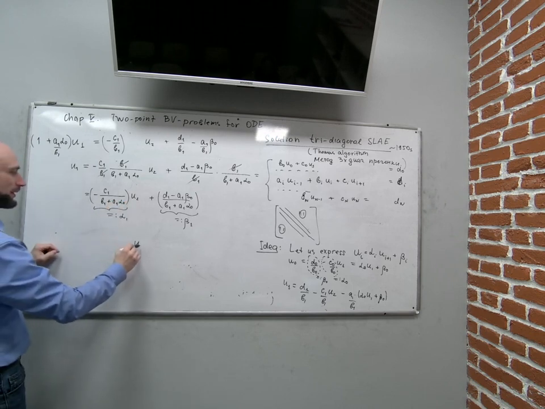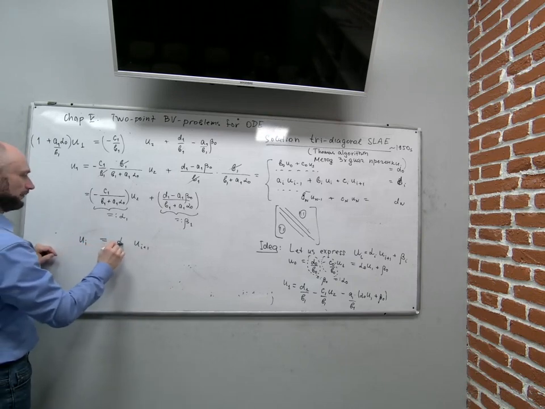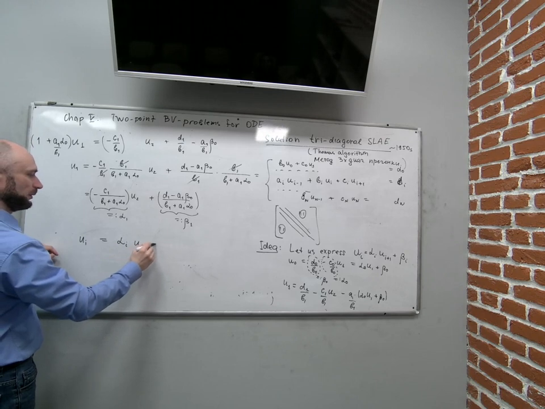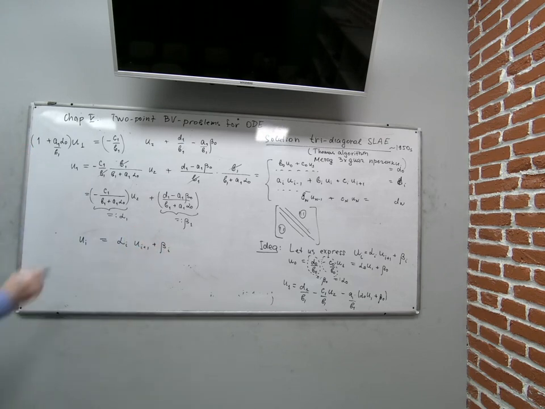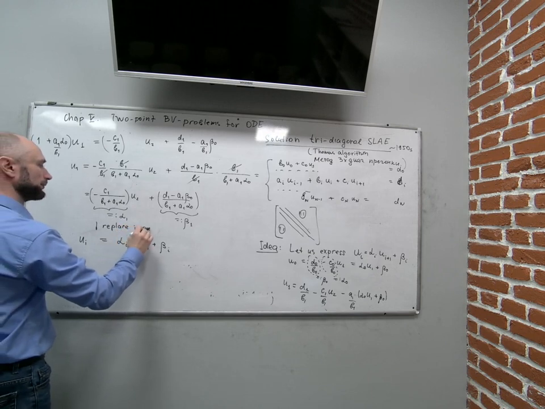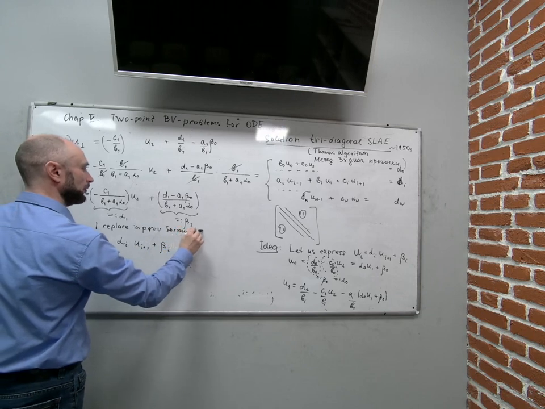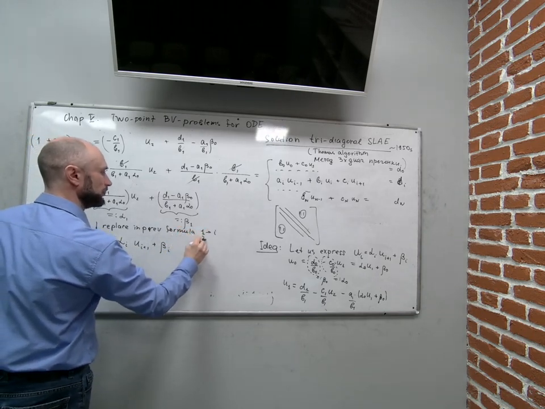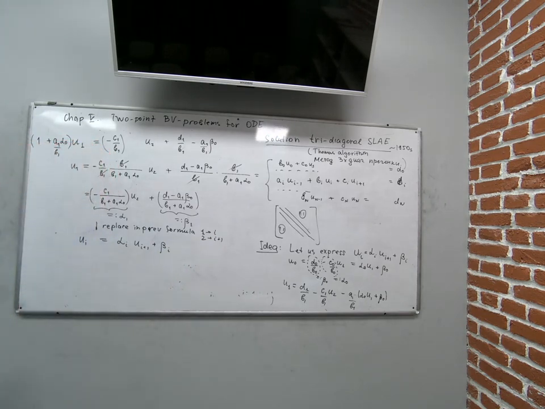So this is how we get this relation, alpha I plus beta I. Replace in the previous formula 1 with I, 2 with I plus 1. Okay, but how does it help us solve the system?